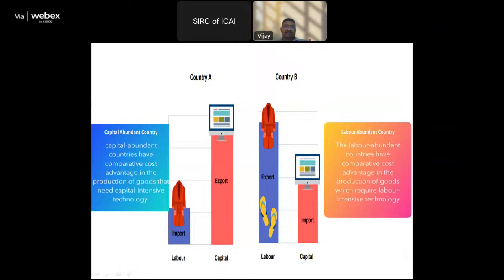See, country A, technologically they are good. Okay, so capital abundant country will export technology and import cloth goods. Okay, cloth like goods. Country B import technology and export cloth, the basic goods. Okay, labor abundant goods.